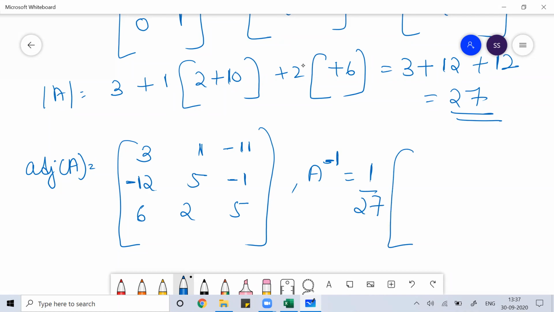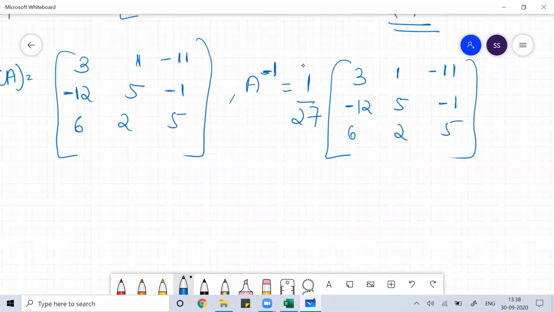So adjoint divided by determinant is the inverse. So this is 3, 1, minus 1, minus 12, 5, minus 1, then 6, 2, 5. What is the inverse of A?